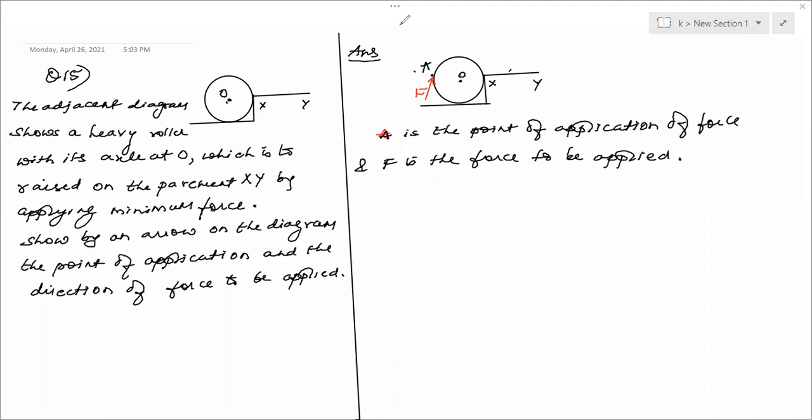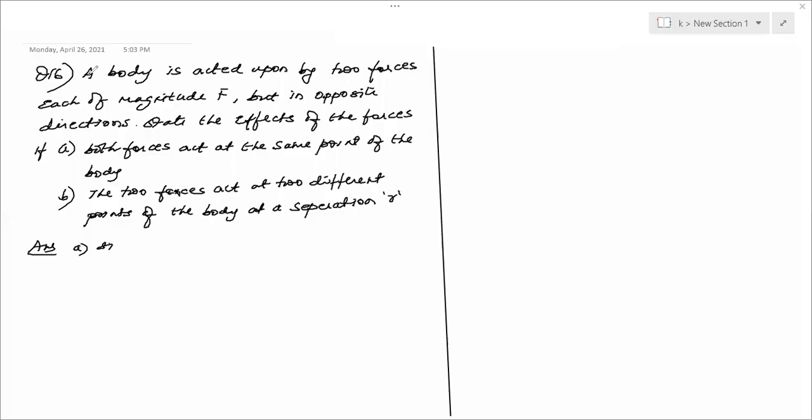Okay, children, we go to the next question now. Question number 16. A body is acted upon by two forces, each of magnitude F. Both are equal in magnitude, but in opposite direction. State the effects of the forces.